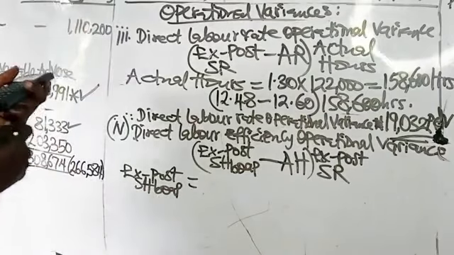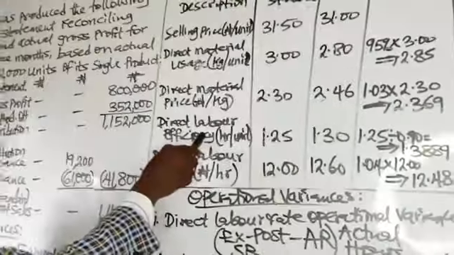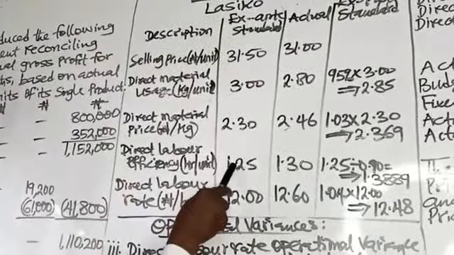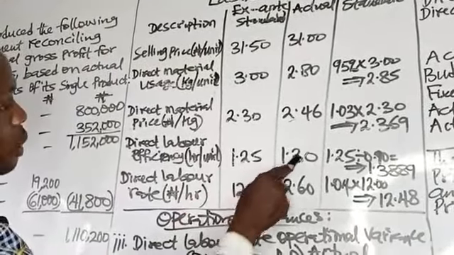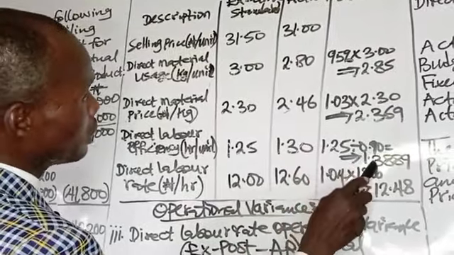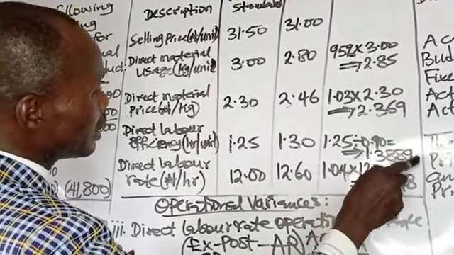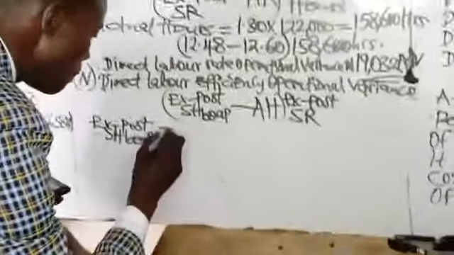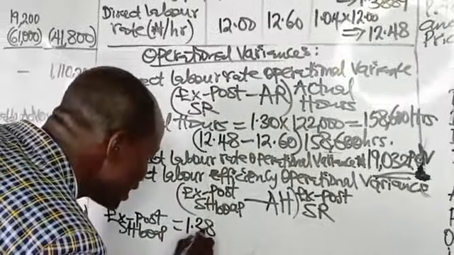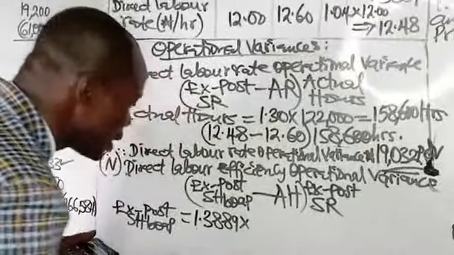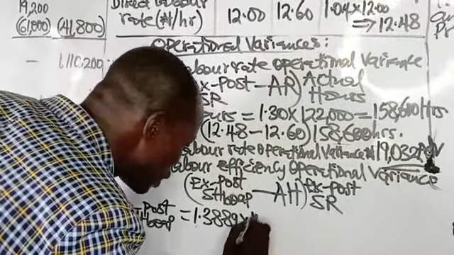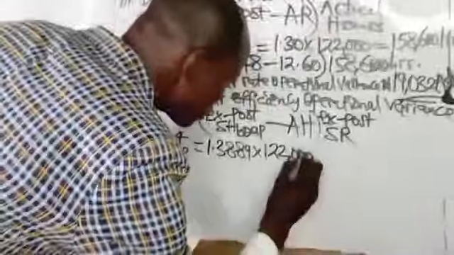What is our ex-post standard hour? So this is S and T, this is actual, this is ex-post: 1.3889 times actual production of 122,000.